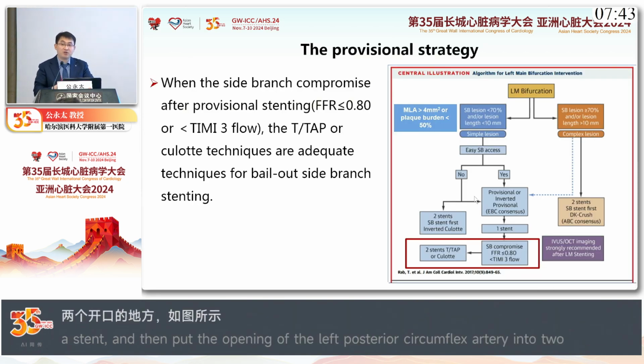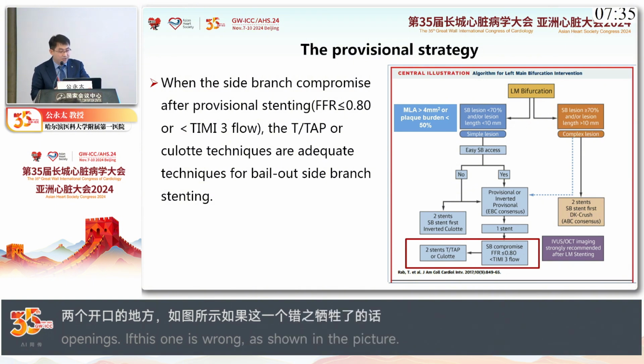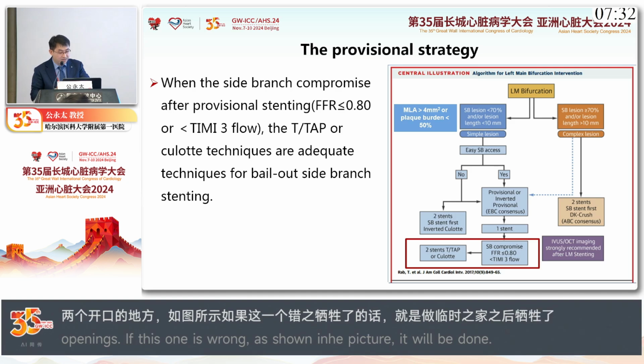When the side branch is compromised after provisional stenting, the TAP or culotte techniques are adequate for bailout side branch stenting.